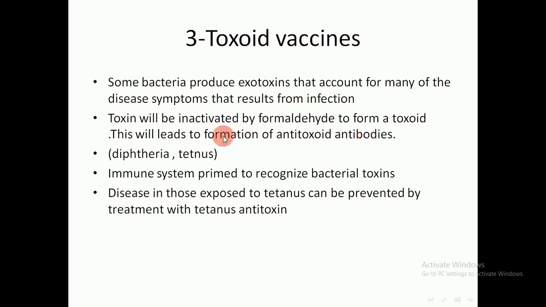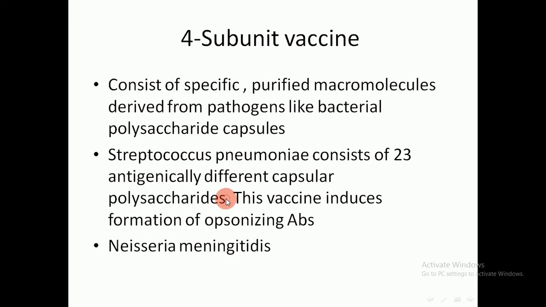The best examples are diphtheria and tetanus, and the immune system is primed to recognize the bacterial toxin. And disease in those exposed to tetanus can be prevented by treatment with tetanus antitoxin.